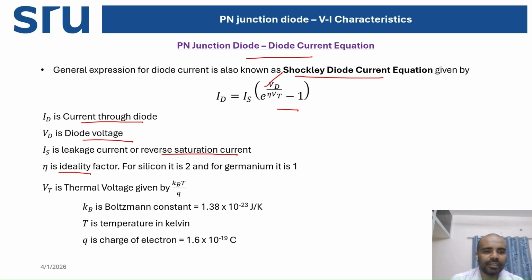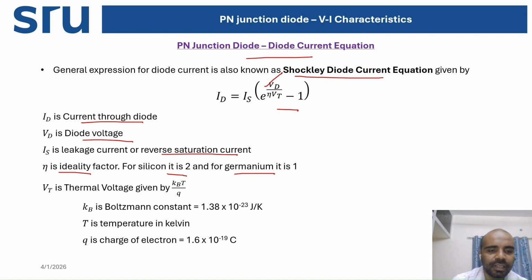Eta is called the ideality factor, which is 2 for silicon and 1 for germanium, so it depends on the material property.